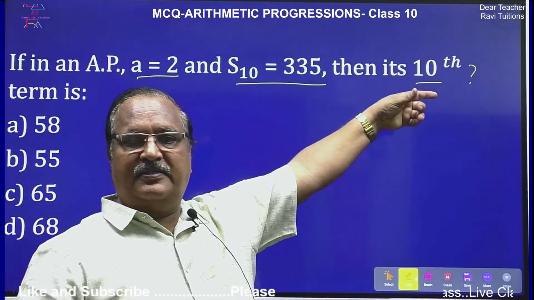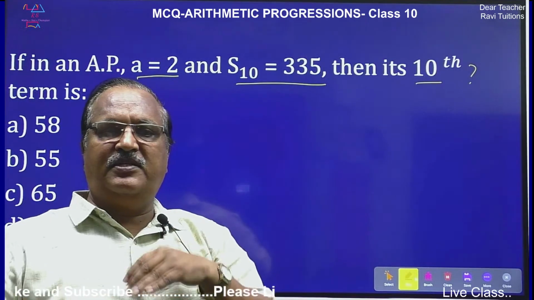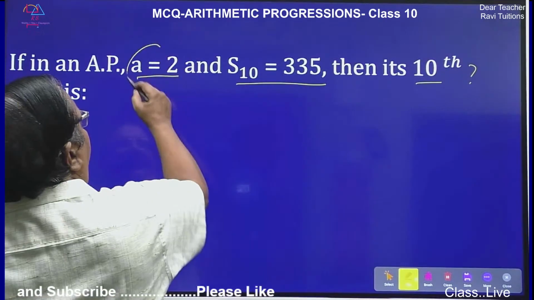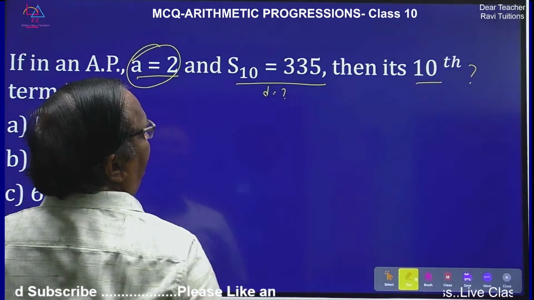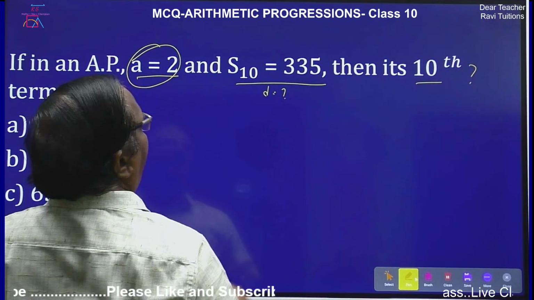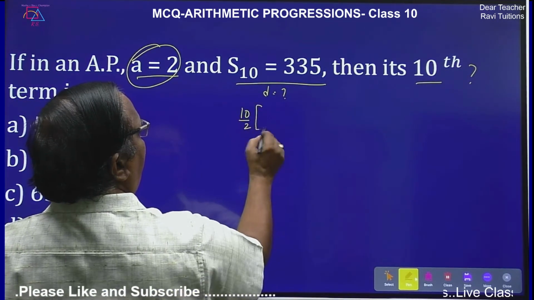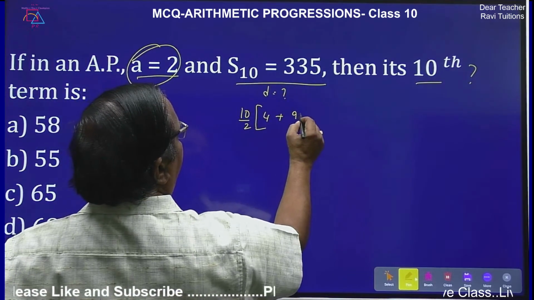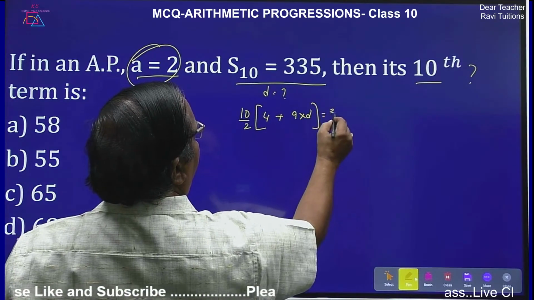That means in an AP, if you know the first term and the common difference, you can do everything. So now we have only a, and we should find d from this. Then automatically you will get the rest. So S10 is 10 by 2, (2a, that means 4, plus 10 minus 1, 9 into d), is equal to 335.